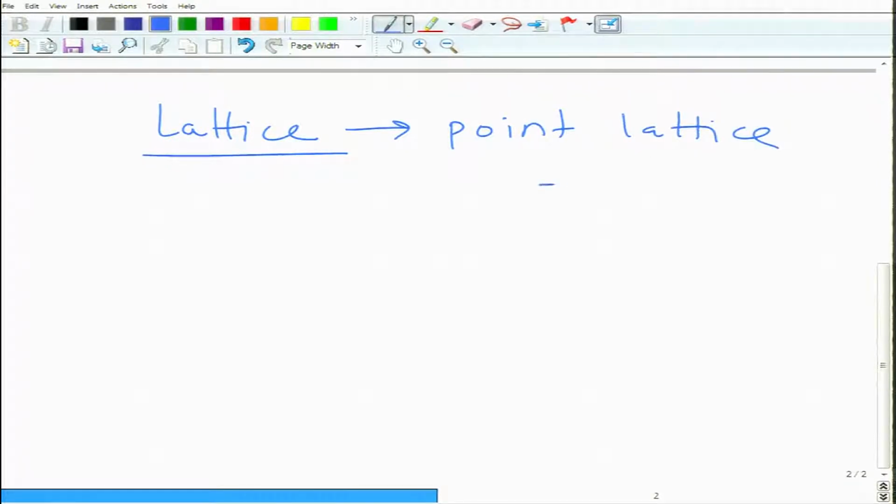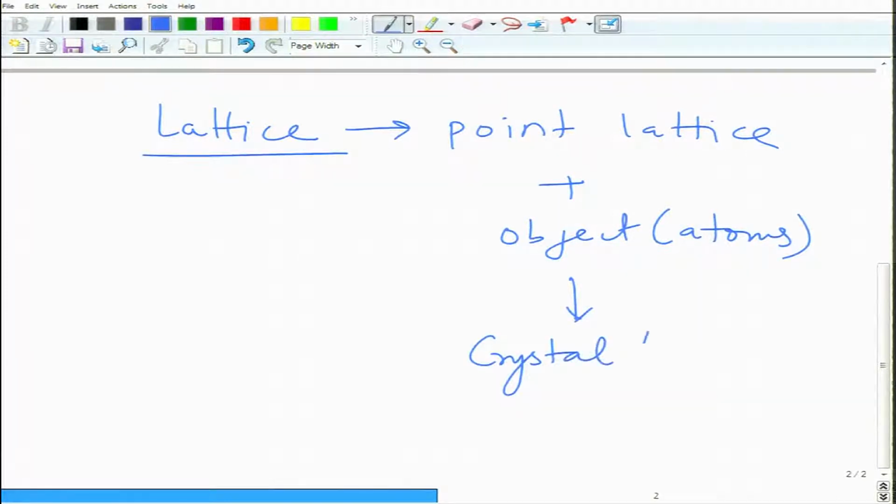And if you put some object such as atoms on it, what it makes is a crystal lattice. A crystal lattice is a periodic arrangement of atoms in space, so instead of points you have atoms or molecules or groups of atoms.